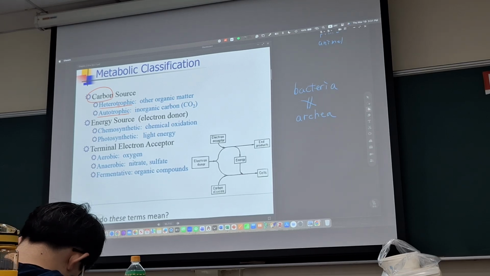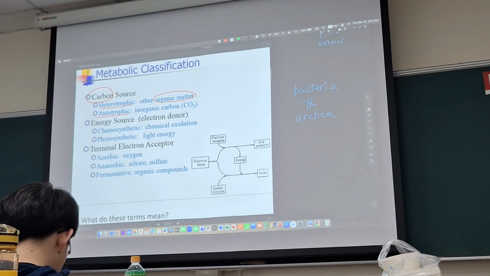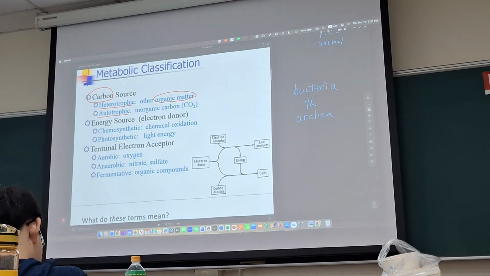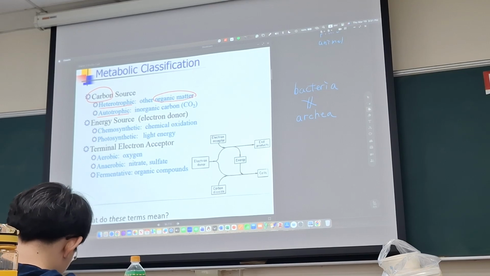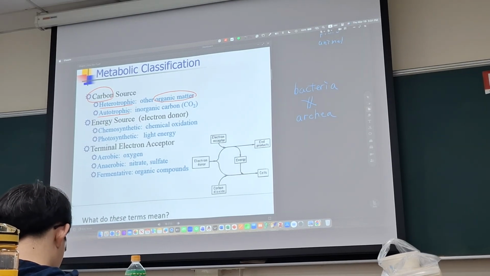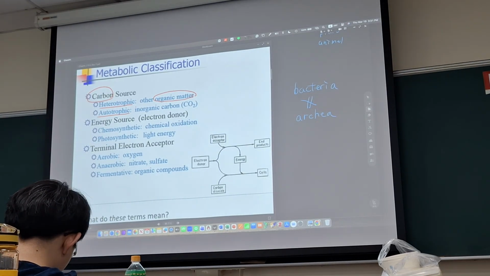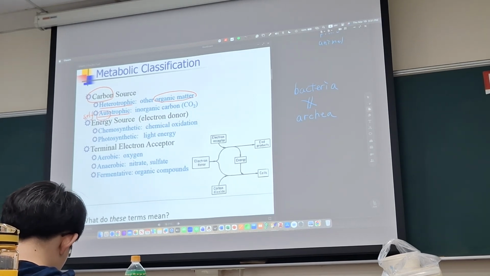Heterotrophic means you need to eat others, and break down their fractured meats into your nutrients. The ones that do not need to eat others use light, or use chemical reaction, use some inorganic carbons. We call them autotroph. The auto means self.